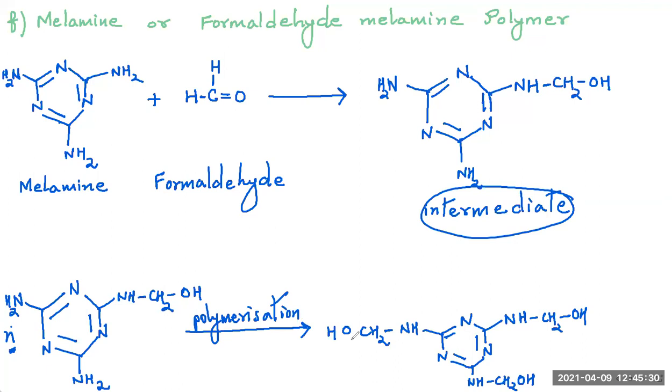Do you remember from CH2OH what goes in urea formaldehyde? Water. Which group from here? OH. Yes. So we can just understand this goes, this goes, this goes, and they get connected one after the other in continuity from here. Do you get me? This is the continuous chain.